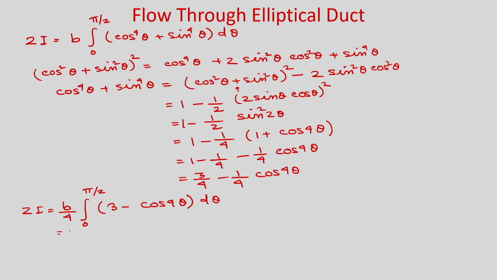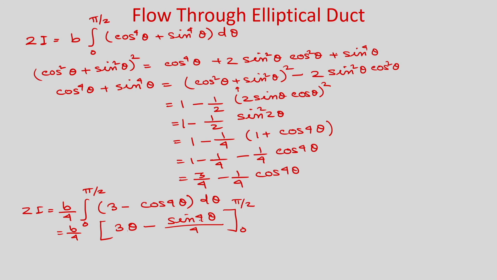It will be b by 4 times 3 theta minus sin 4 theta by 4, from 0 to pi by 2. So, you can see here that for theta is equal to 0, obviously the first term will become 0, sin 0 is 0, and if you put theta is equal to pi by 2.